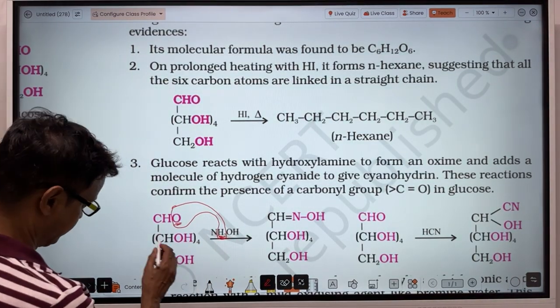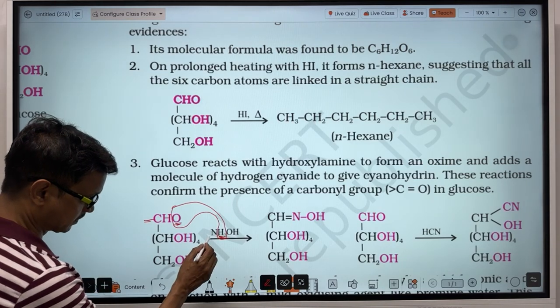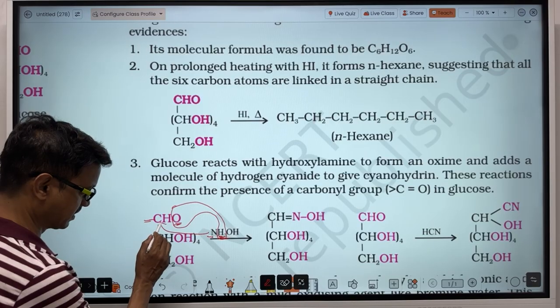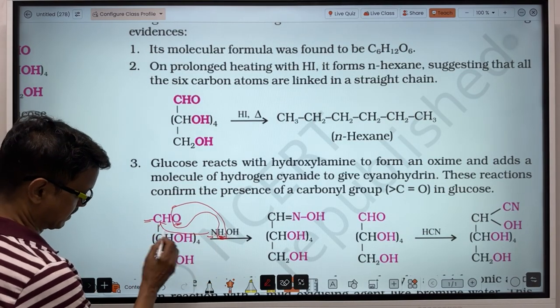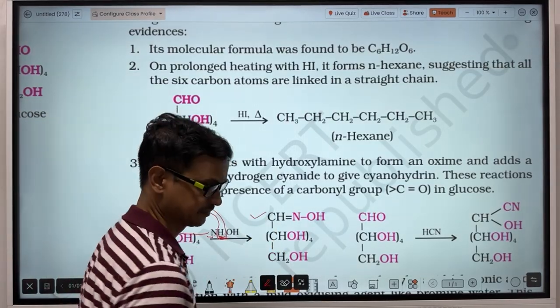So 2 valencies of this carbon atom and of the nitrogen atom will become destabilized. So that's why there will be double bond formation between this carbon and this nitrogen, and OH remains attached to this nitrogen. So that's why this compound has been formed.